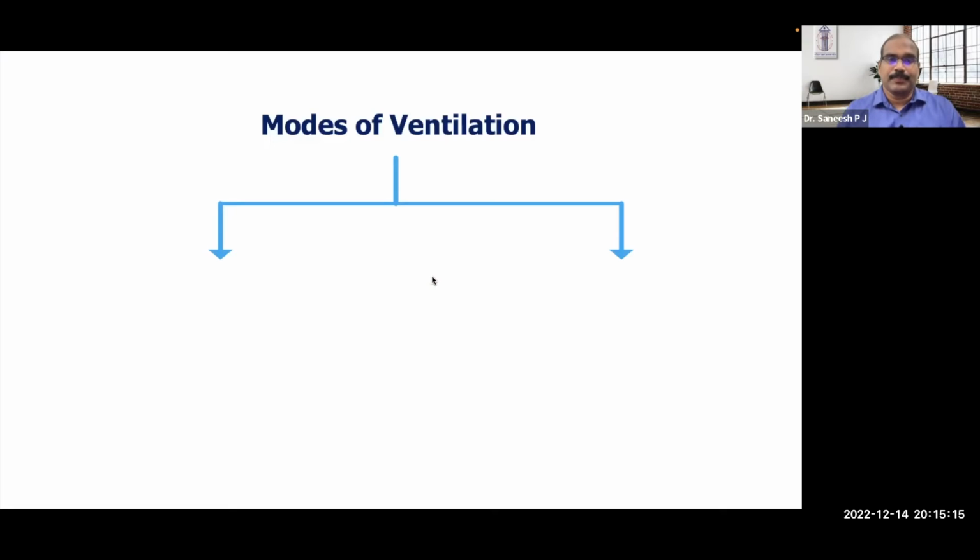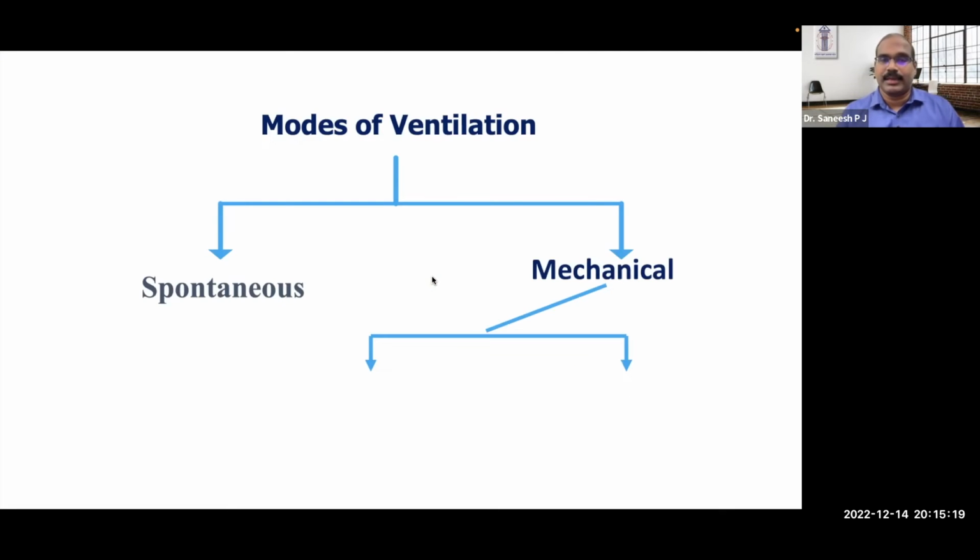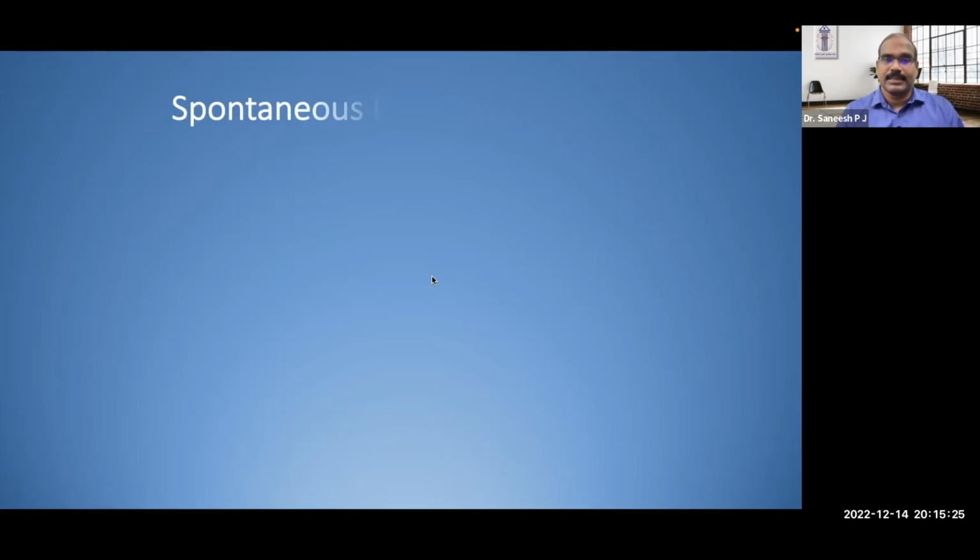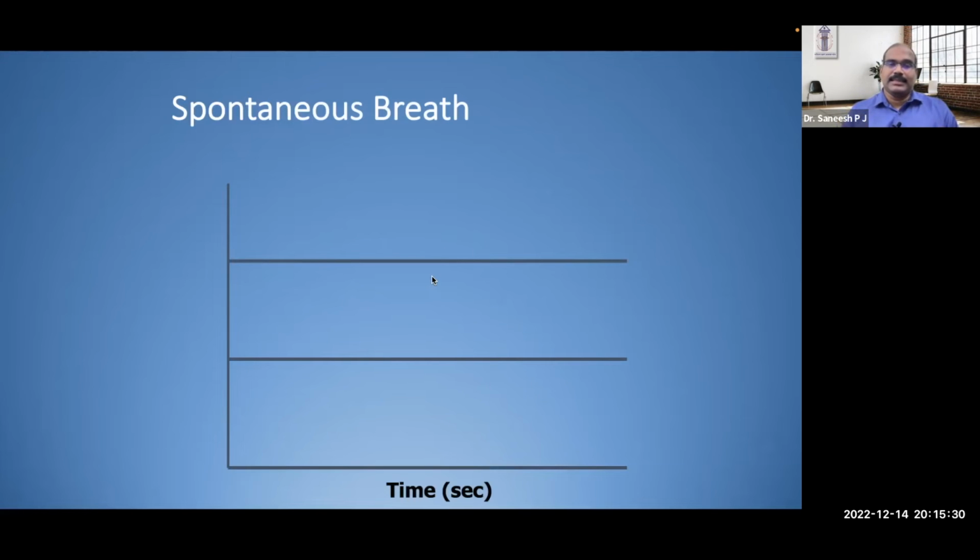Now I think we'll put things together in different modes of ventilation. Modes of ventilation generally are either spontaneous modes or mechanical modes. Mechanical modes, as you know, may be volume targeted or pressure targeted. So this is how you see the scalars on a spontaneous breath. Inspiratory flow is on the positive deflection, exhalation curve on the negative side.